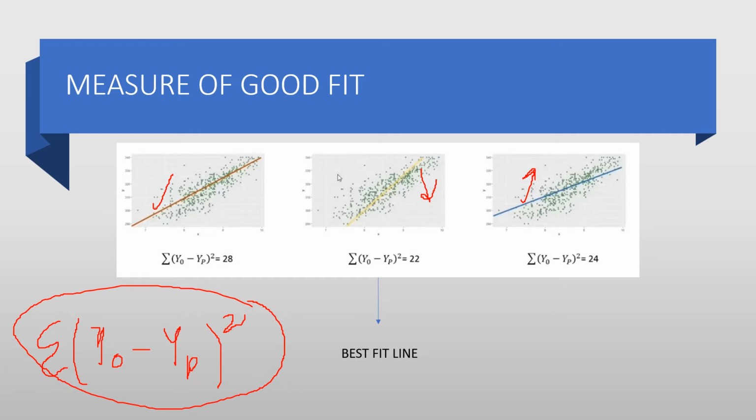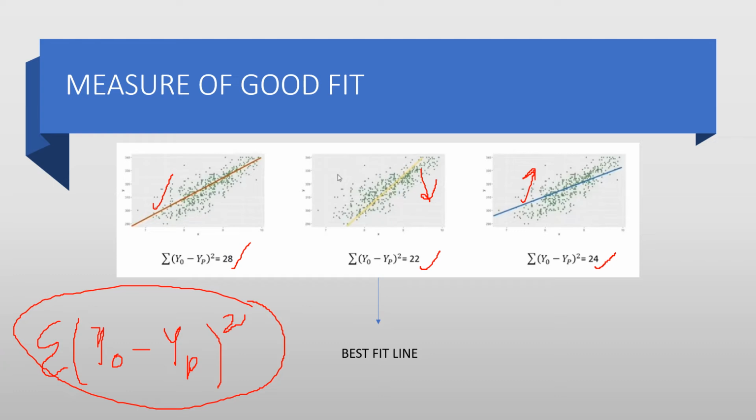So here, if we try to find out the value of y naught minus yp whole square summation, then in this case we get 28, here 22, and here 24.